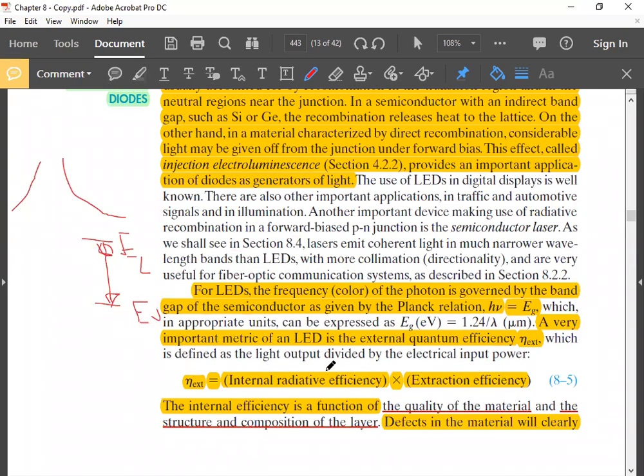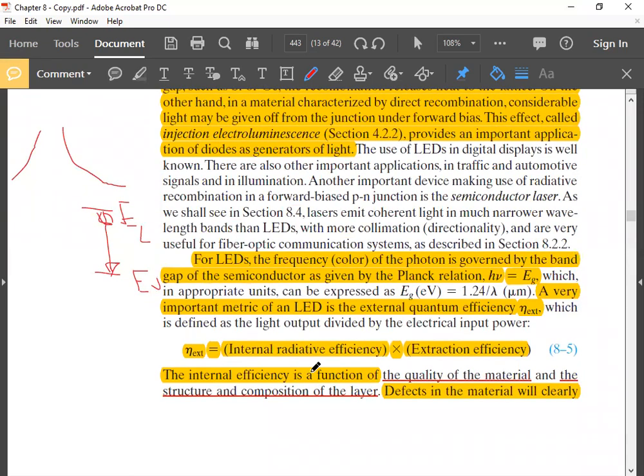Internal radiative efficiency is, within the material, how many photons are being generated from the recombinations. This is a measure of that internal radiative efficiency. So internal radiative efficiency is a function of the quality of the material and the structure and the composition of the layer.